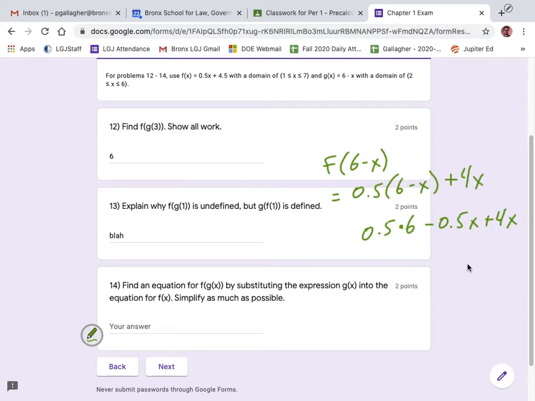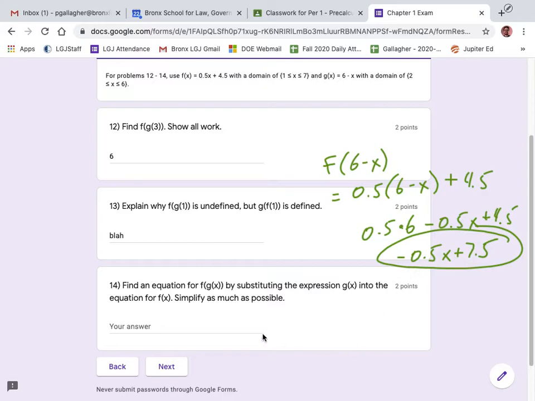Oh, plus 4.5. Excuse me. I was wondering where the heck that other one came from. So that's going to be 3. That's going to come out to 4.5. A lot of people forgot the negative with the 0.5. Can't forget that. Here's my very original answer.